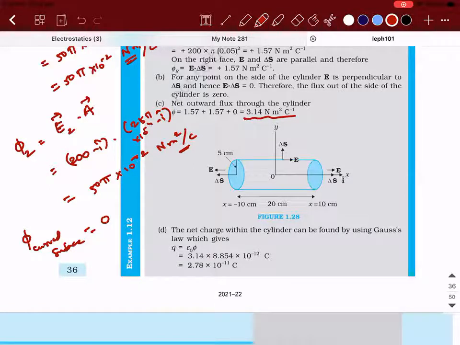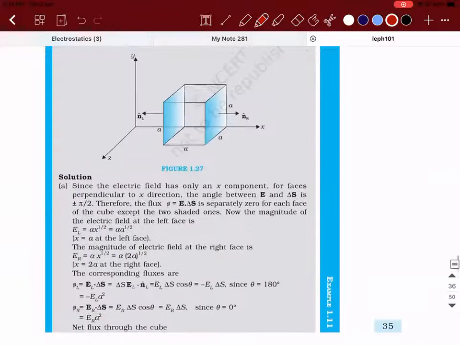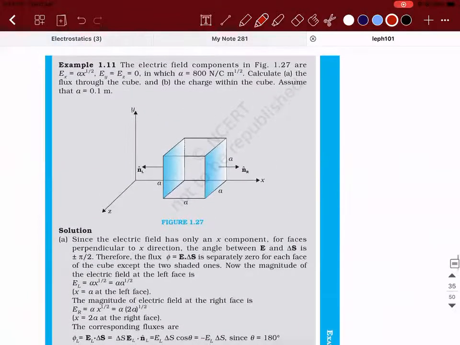The D part we need not do because I didn't explain Gauss law as of now. First, we need to master this flux calculation. Clear? Next. This is a tricky problem and a very important one. So mark it as important and try solving this.